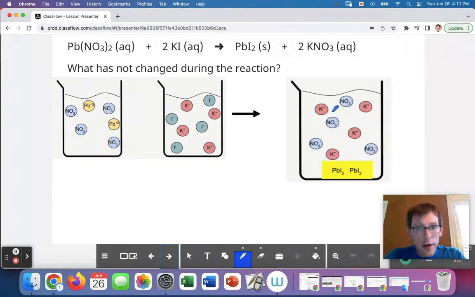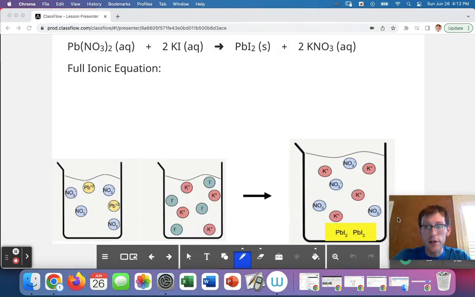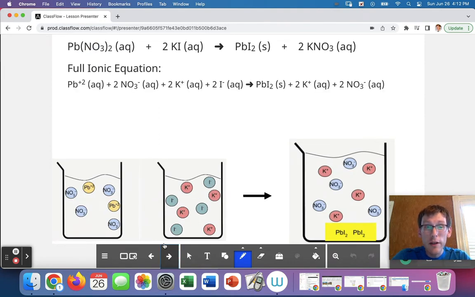When we have a product over here, note how the lead-2 iodide precipitates out, and that's our solid here. But the potassium ions and the nitrate ions, they haven't changed. They're still aqueous. So if I'm going to write what's called a full ionic equation, that is going to represent the aqueous solutions more accurately.